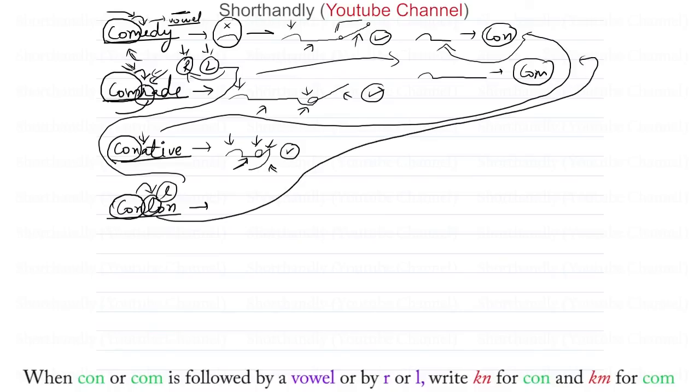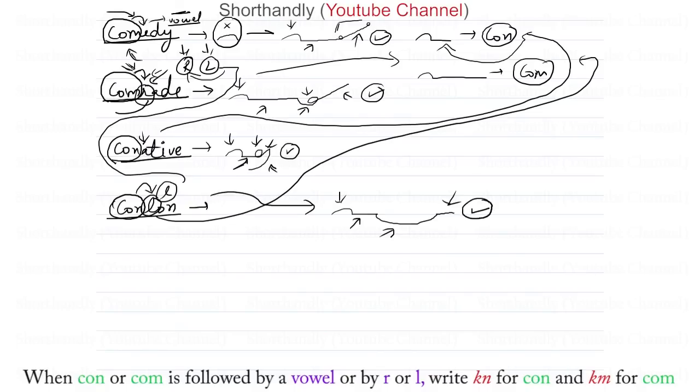So this conlan word will be made like this. This is our K, then N, then we have a long curve, which is L, then finally again the short stroke, which is N. So this is our word conlan.